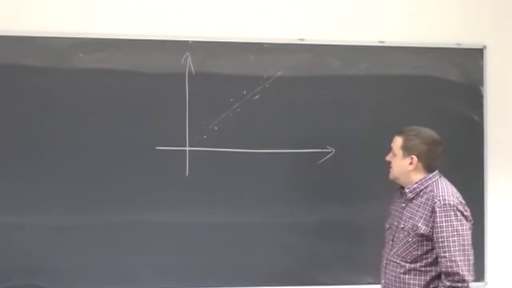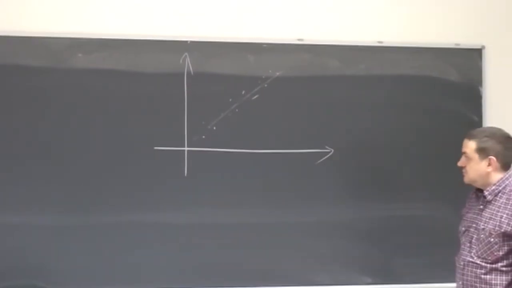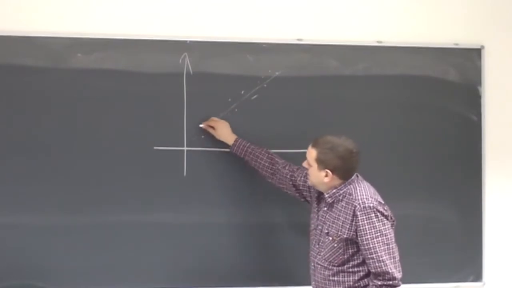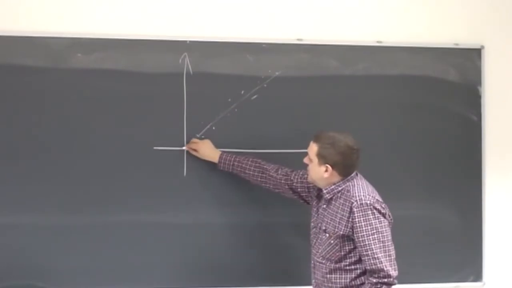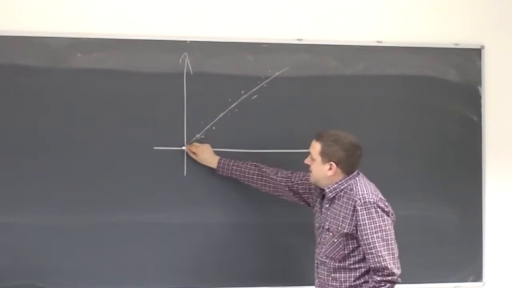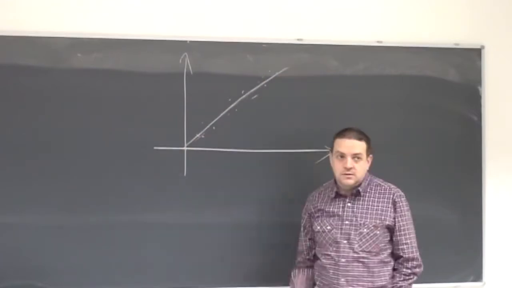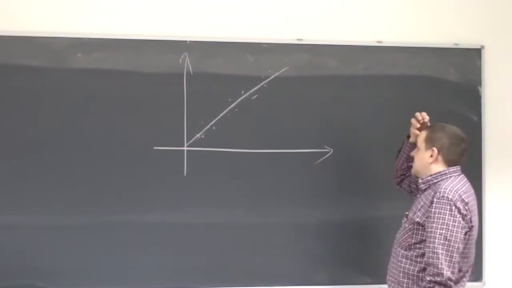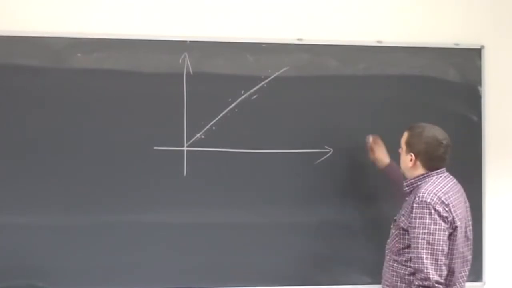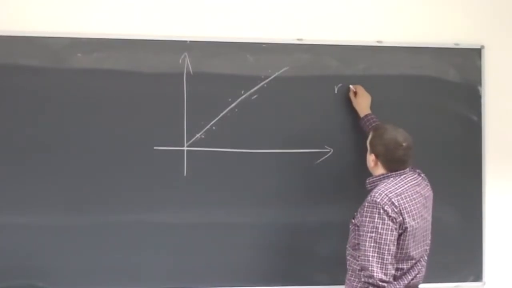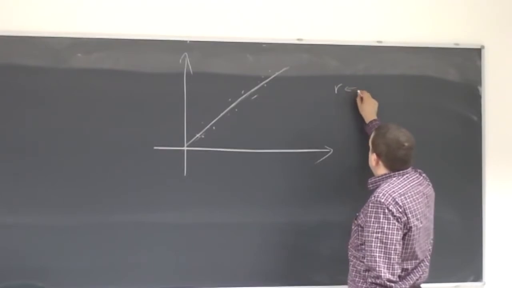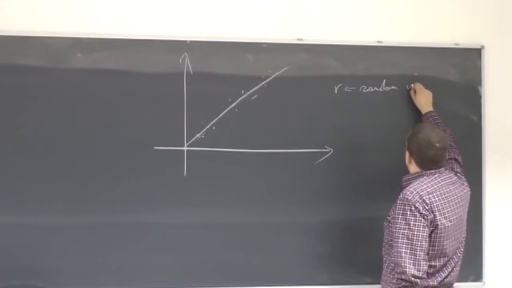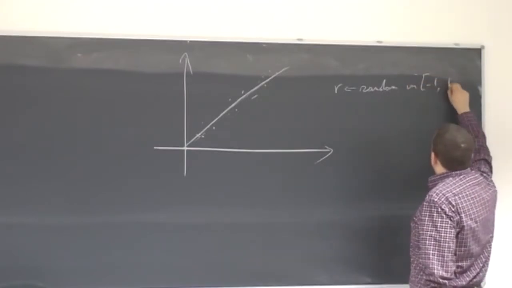The idea is that, suppose that we want to generate points along this line. To generate points along a line, you can simply generate one random number, for example, random in -1, 1.